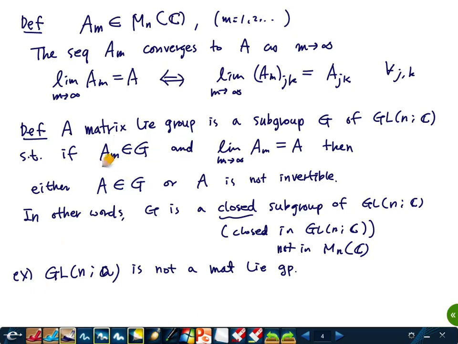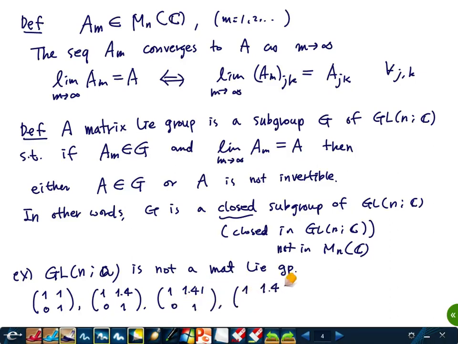Let's consider a sequence inside this group. Let's consider n equals 2, and then let me construct a sequence like this: (1,1;1,0), (1,1;1,1.4), (1,1;1,1.41)... Now you guess what I'm doing, right? They are all inside this group. They are all rational numbers.